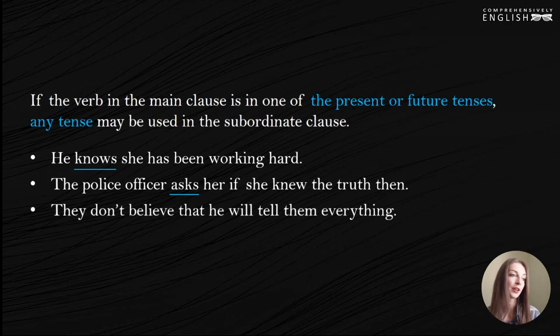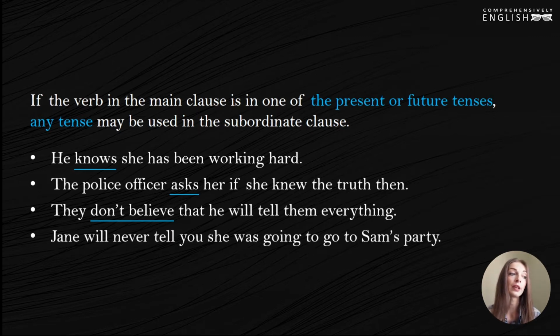They don't believe that he will tell them everything. They don't believe, the present simple tense is used, so we can use a future tense in the subordinate clause. We can say, they don't believe that he will tell them everything. And the last example, Jane will never tell you she was going to go to Sam's party.